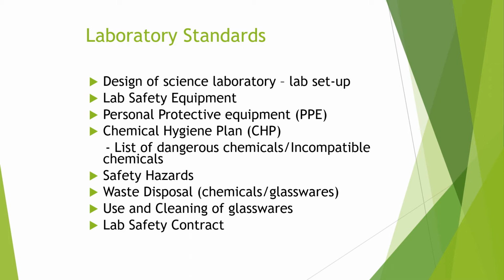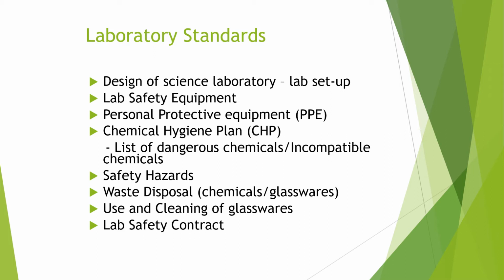And then next is the waste disposal. In case of laboratory breakage, there should be a specific waste bin for the broken glasswares. And then you also need to have a chemical waste jar. Usually you can use amber bottles or the clear ones.